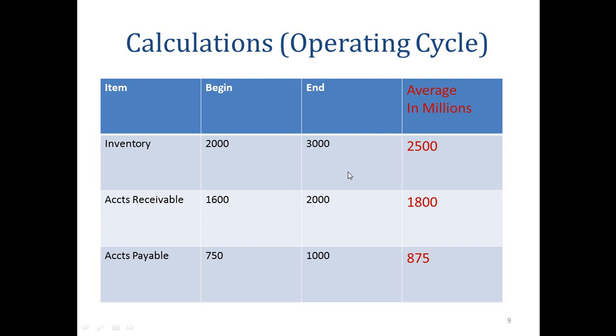We start at 2,000 at the beginning, we end at 3,000. So we check the inventory in the warehouse at those 2 points in time. What we want to do is take the average, so 2,500. Accounts receivable, the same thing, the beginning of the year, the end of the year. Accounts payable, the same. We record that and take the average. So these are the numbers we're going to be using, the average.